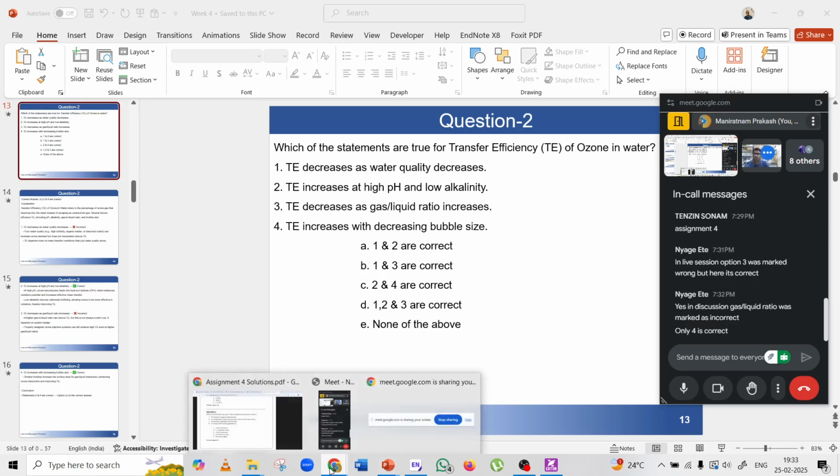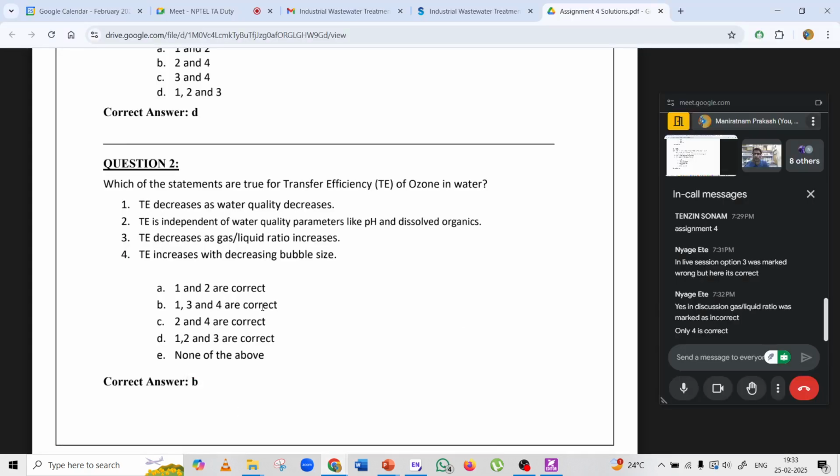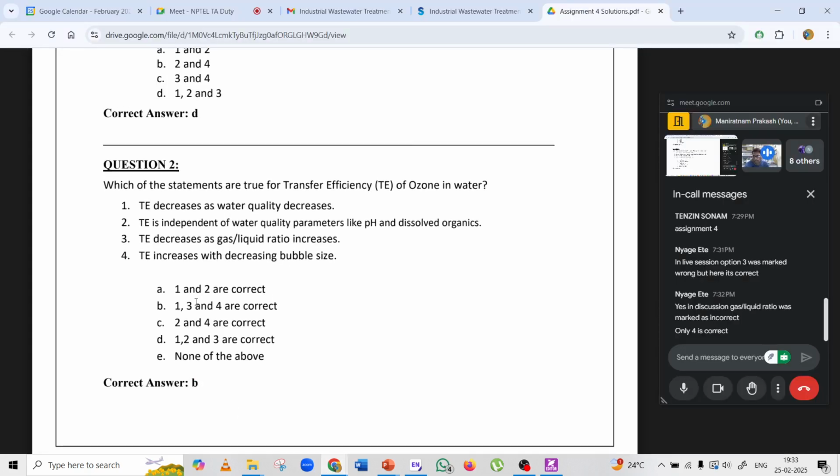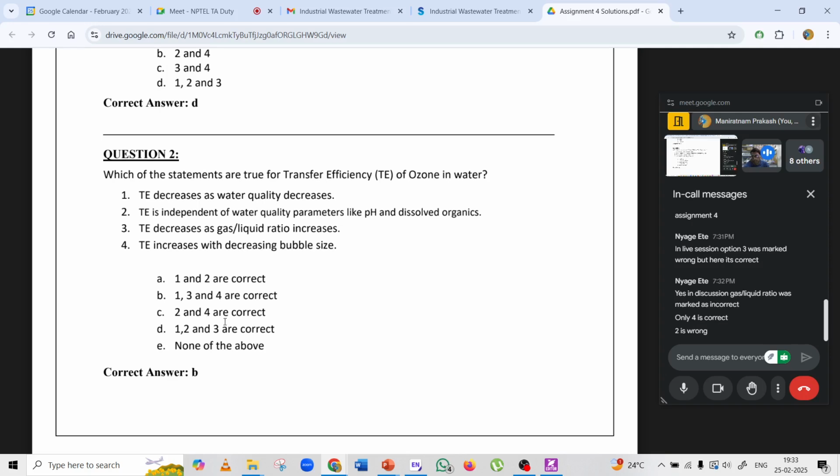Yes, sir. According to the question, none of the above should be answered, sir. Okay, but here they have given the correct answer as 1, 3 and 4. I think this is wrong. Fourth one is correct. Decreasing the bubble size is okay.